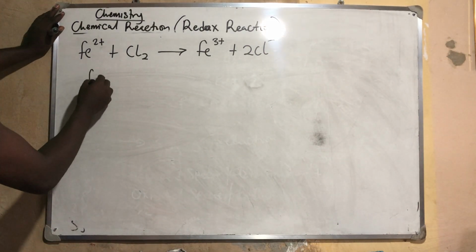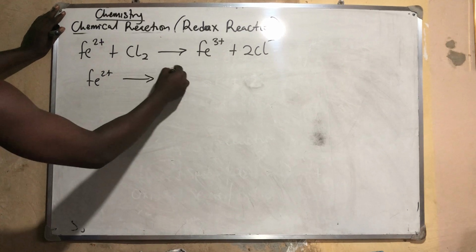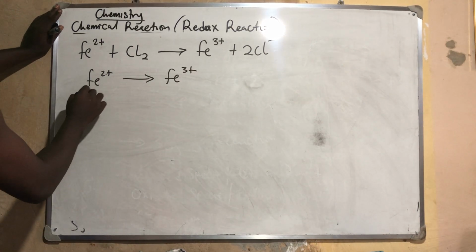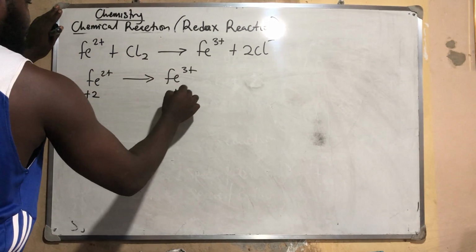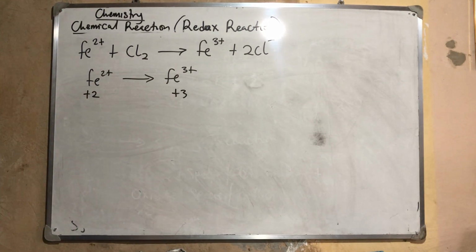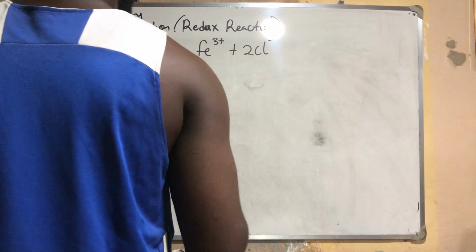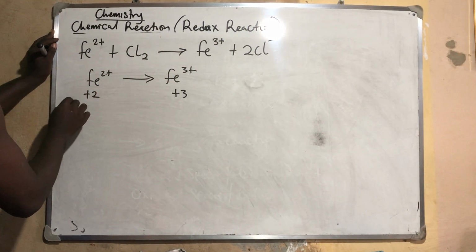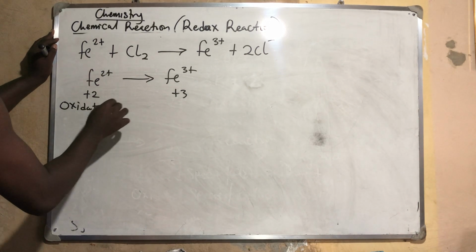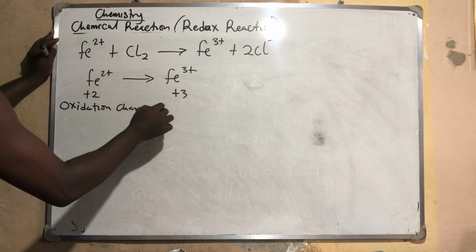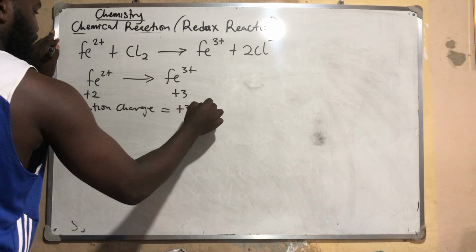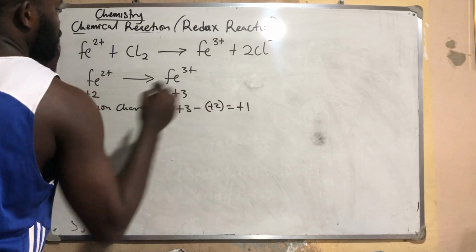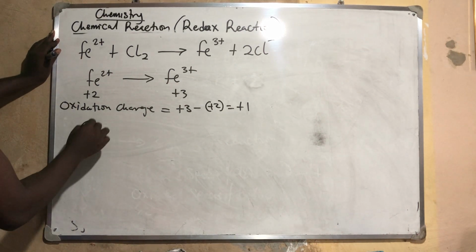We know that Fe^2+ gave us Fe^3+, and if you look at it, this is +2 increasing to what? +3. So even if you want to check the oxidation charge, let us check it. The oxidation charge is simply the product minus the reactant, which will give you +1.